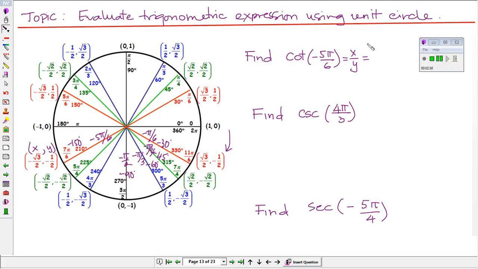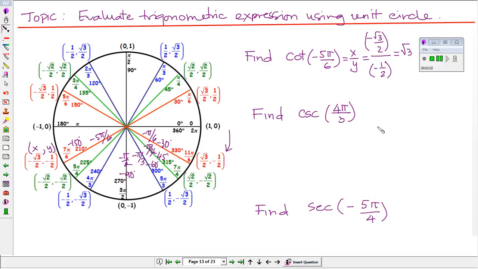So we substitute x for negative square root of 3 over 2, and we substitute y for negative 1 over 2. The negative sides are gone. When you divide by 2, you multiply by the reciprocal, so the 2 in the denominator is gone. So you end up with square root of 3 over 1, or just square root of 3.